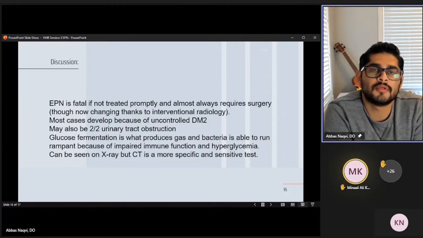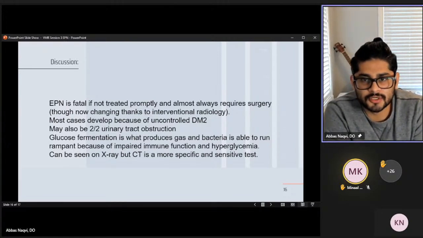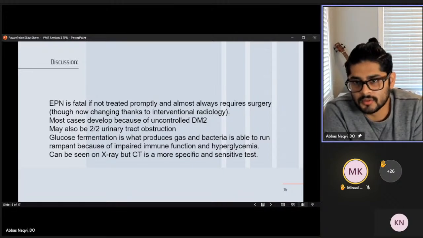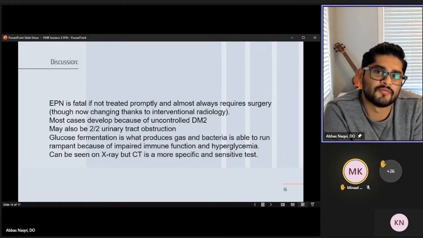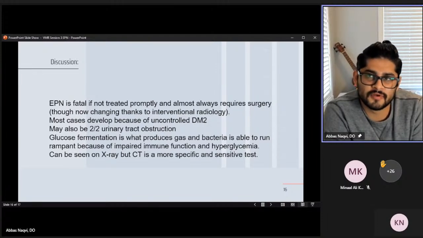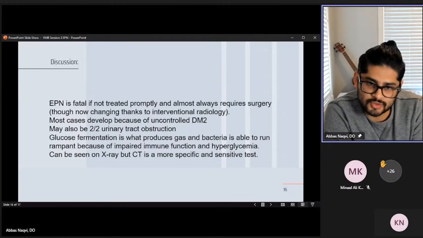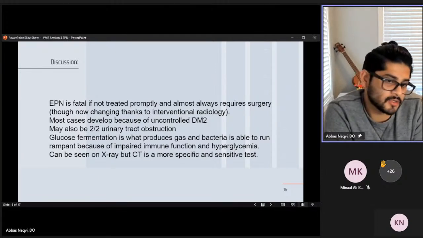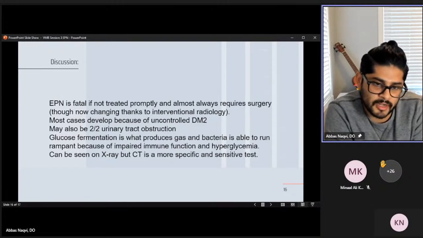If you have a little bit of glucose in your urine, that's not the problem, right? The problem is when you have such a severe elevation in your blood glucose that you're basically just giving fuel to the fire. You don't necessarily see this in uncontrolled diabetic patients with just a mild elevation in their blood sugar or A1C.